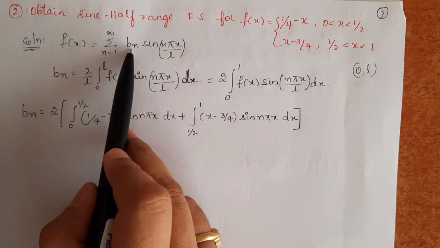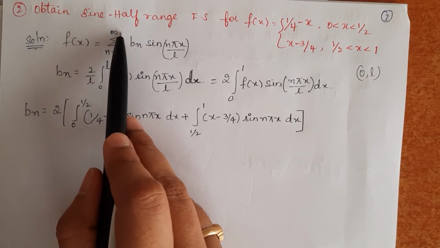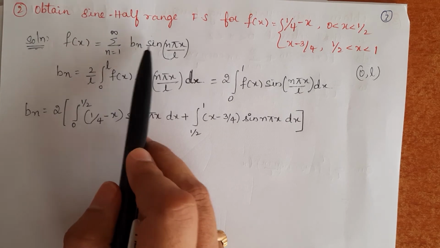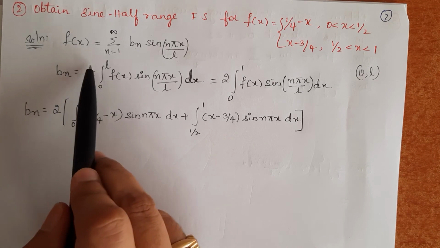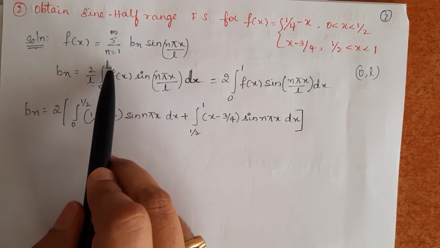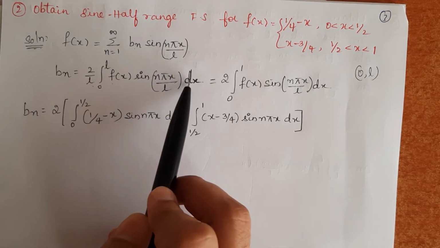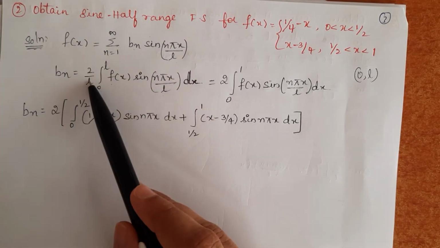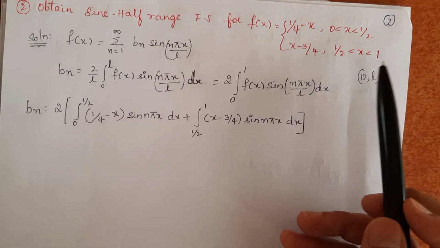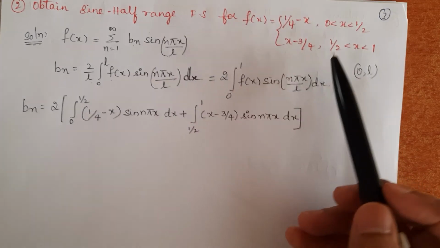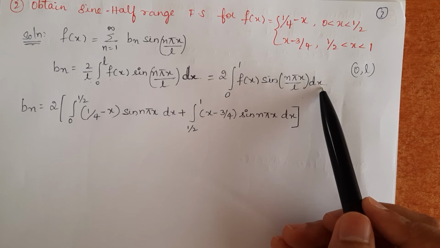So, the corresponding sine half range Fourier series expansion is f of x equals summation n equals 1 to infinity bn sine n pi x by L, where bn is 2 by L integral between 0 to L f of x sine n pi x by L into dx. Now, let us substitute for L: 2 times integral between 0 to 1, because L is 1 for this problem, f of x into sine n pi x by L into dx.